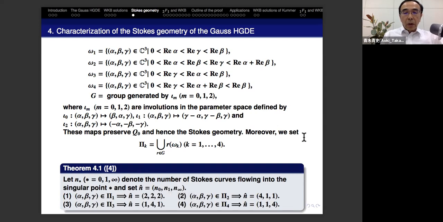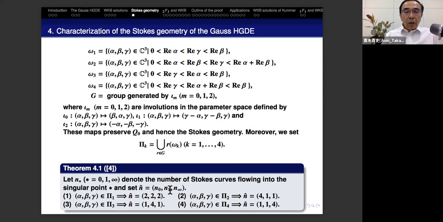Now, the Stokes geometry of the Gauss equation is classified in terms of the number of Stokes curves flowing into the singular point. That is, star means 0, 1, or infinity. That is the regular singular points of the Gauss equation.